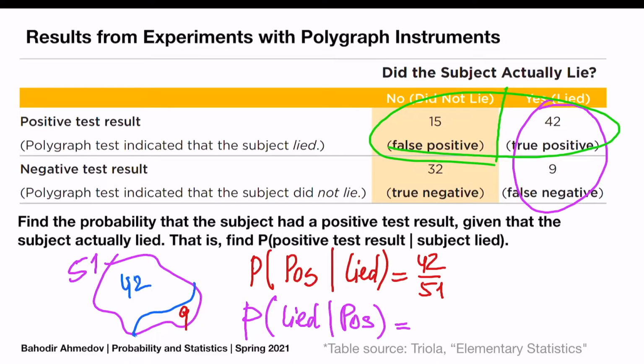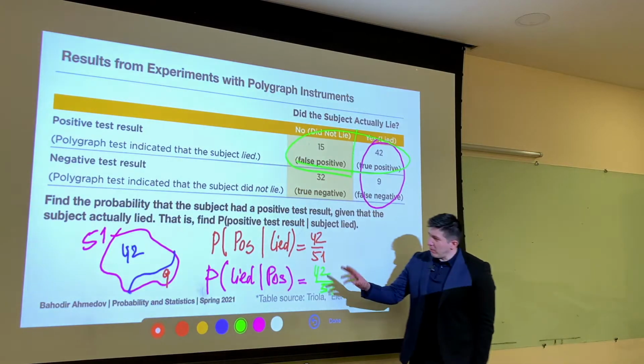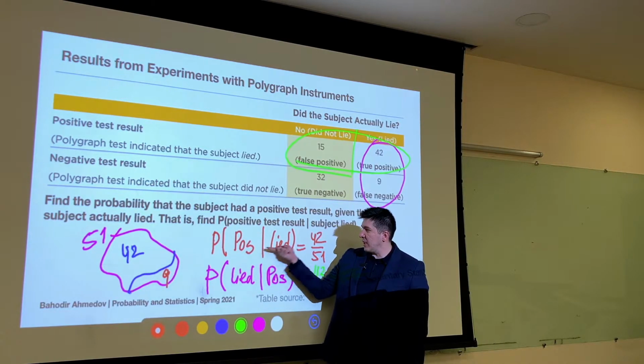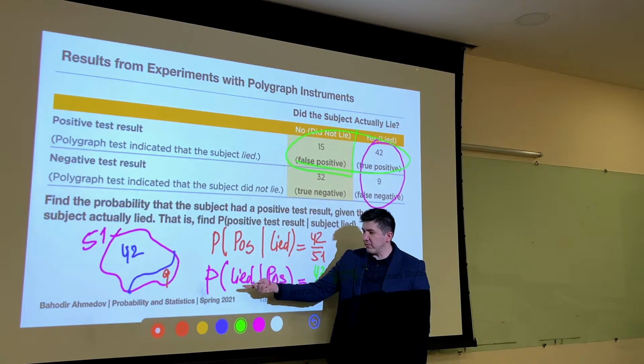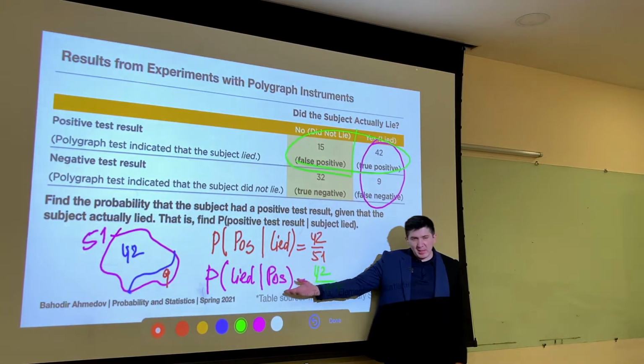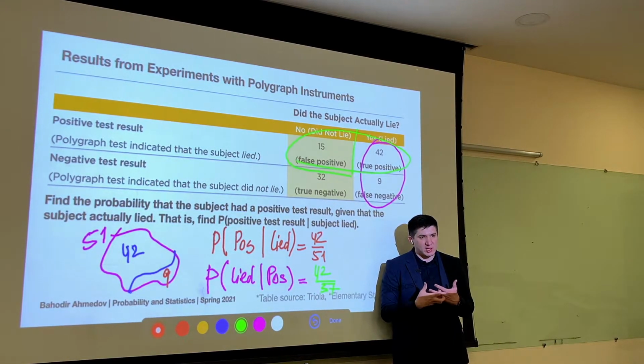And the probability that Amir lied if his test was positive is going to be 42 over 57. So you see, most of the time the probability of A given B and the probability of B given A are different.